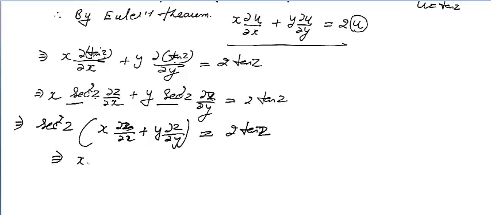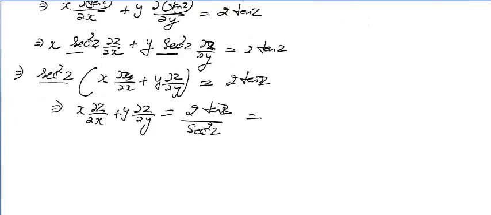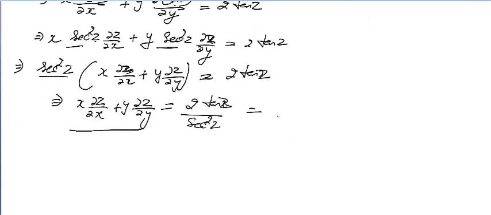In the next step, x ∂z/∂x plus y ∂z/∂y will be equal to 2 tan z, with this secant square moving to the denominator on the right hand side. Now I am going to change the right hand side, because the left hand side we have achieved. In the right hand side I will break everything into sine and cos. So tan z will be sine z upon cos z, and secant square z will be 1 over cos square z, and it will be reversed.